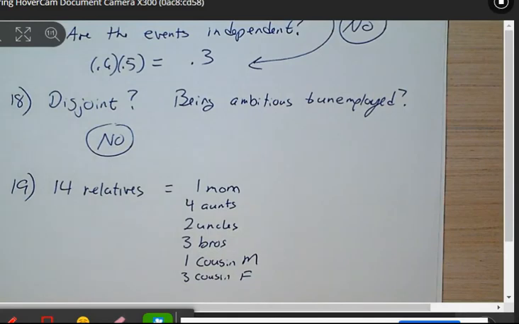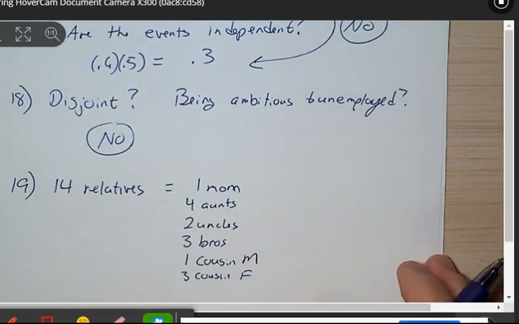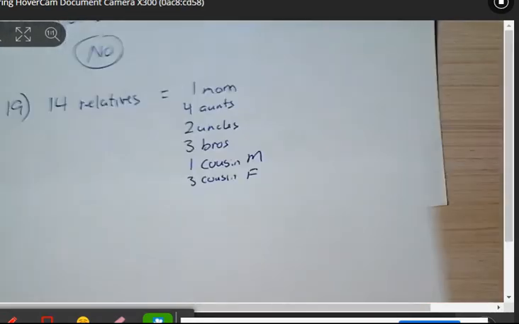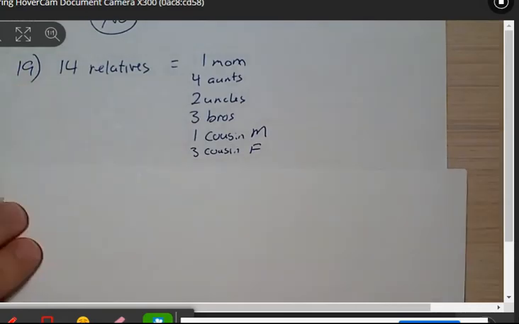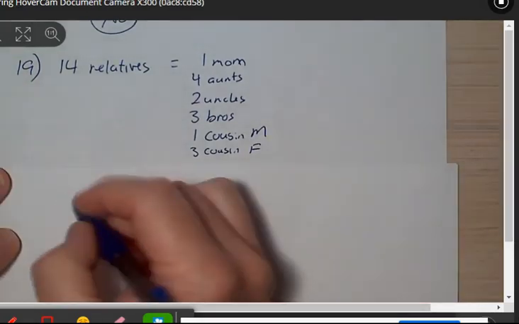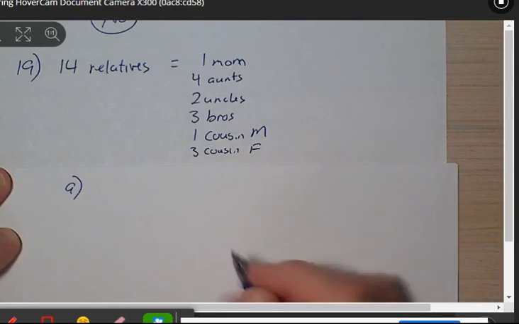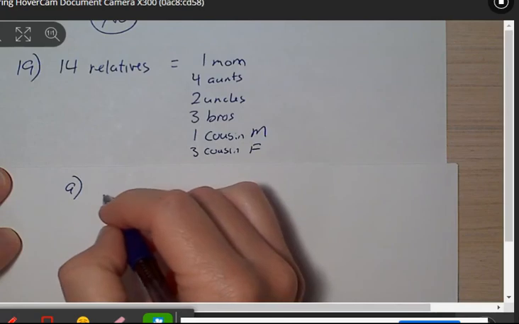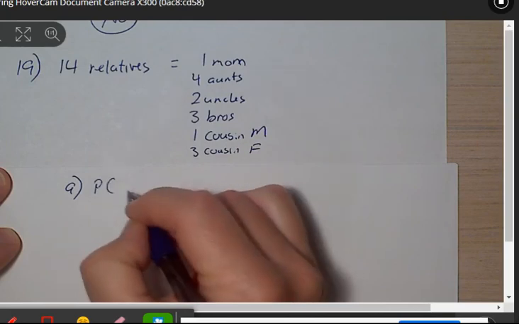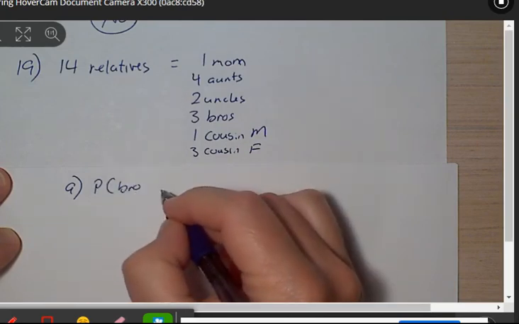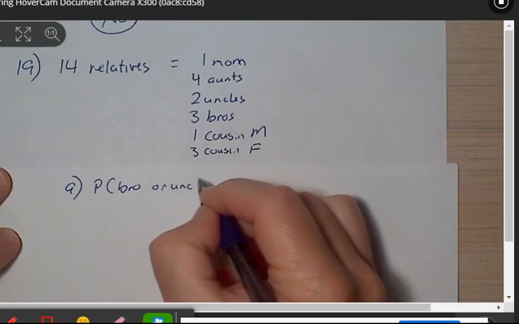And they just asked for some simple probabilities on this one. Very first question is to find the probability of the first person who shows up being a brother or an uncle.